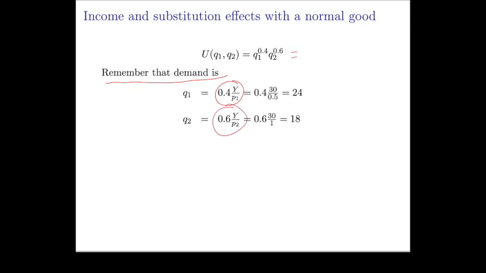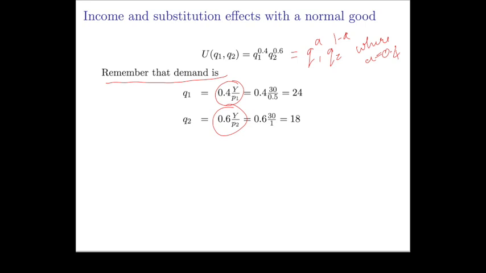Remember, this is Q1 to the A, Q2 to the 1 minus A, where A is 0.4. And so the demand for good 1 is going to be A times Y divided by P1. So A is 0.4, so it's 0.4Y divided by P1.